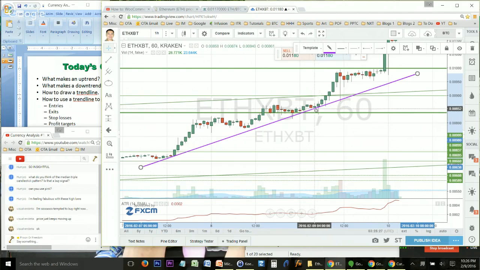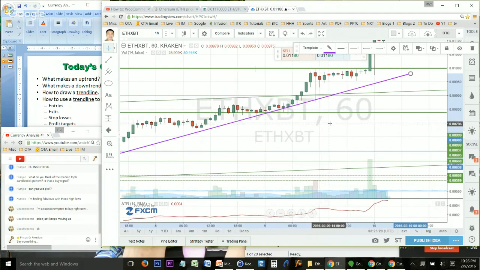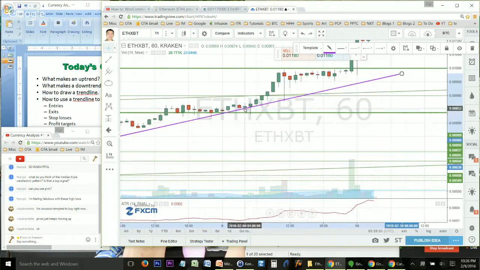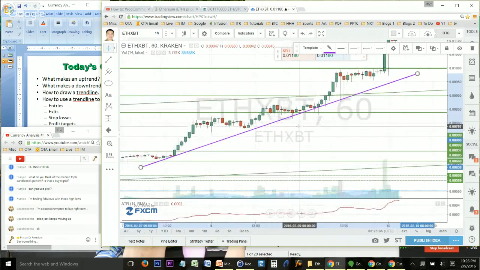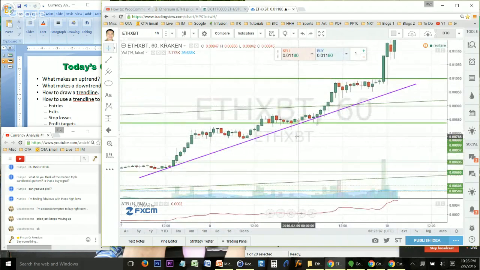So that's 4 points. And I don't know if you guys can see it or not, but it also touches the corner of that body right there. So the more hits that touch that trend line, that's what I prefer. And then you got to adjust it as the trade goes on. All right. So any questions on that, guys, before I move forward?